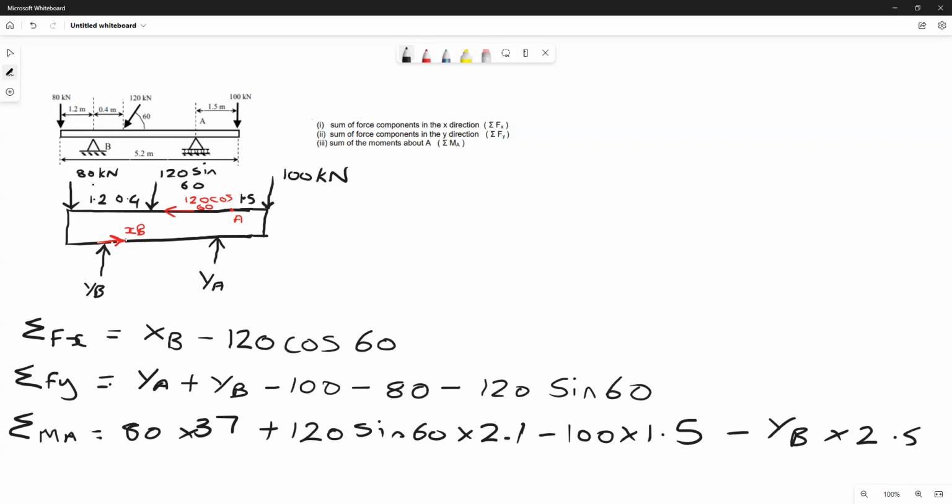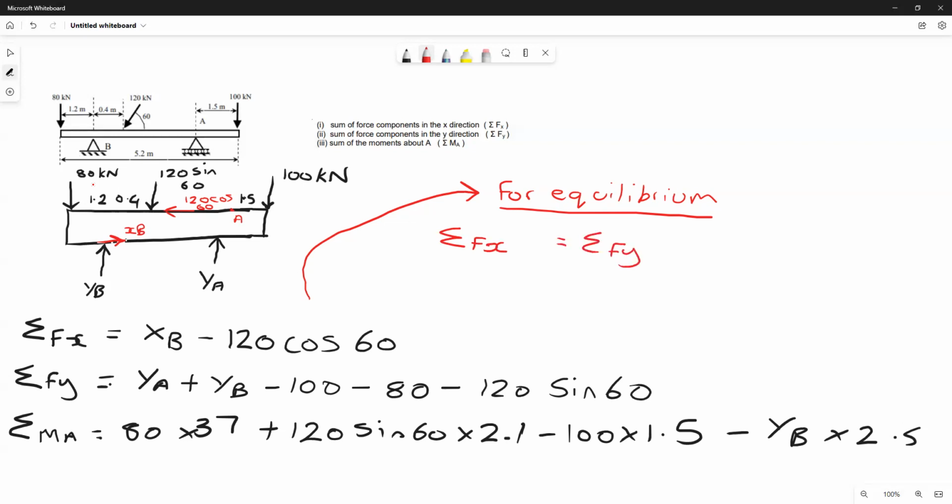So we know that for equilibrium, the sum of the forces in the x direction equals the sum of the forces in the y direction equals the sum of the moments about A, which equals 0.